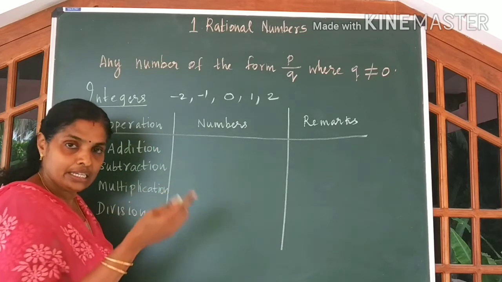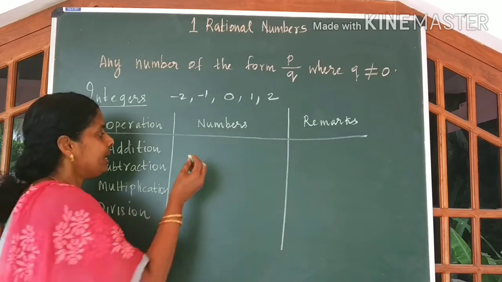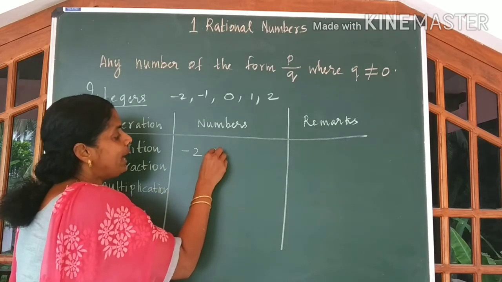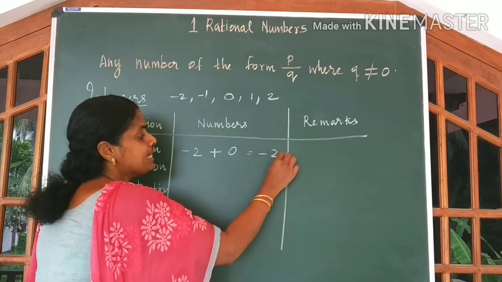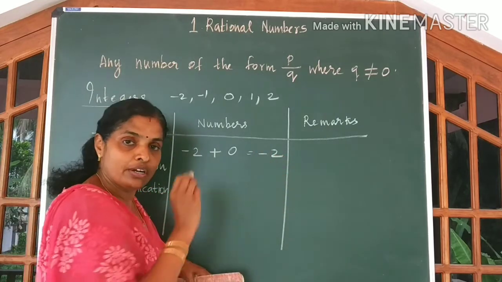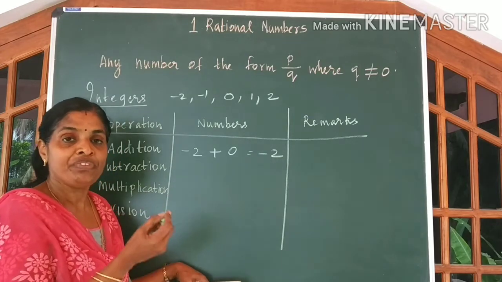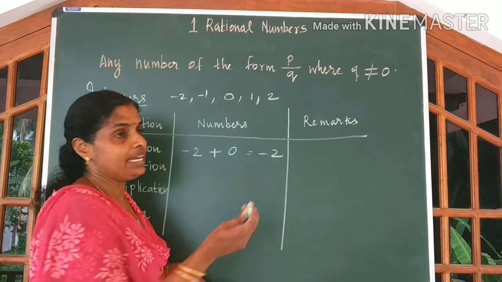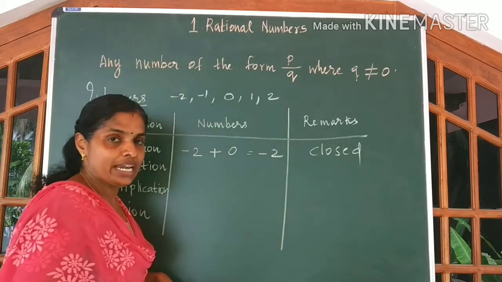If you add any two integers, you get again an integer, isn't it? Take for example minus 2 added to 0. What do you get? You get minus 2. Minus 2 is also an integer. So for any two integers A and B, A plus B is also an integer. So we can say integers are closed under addition.